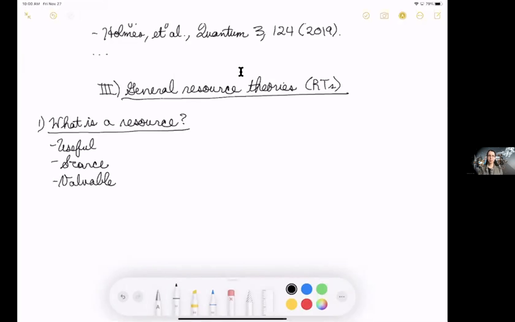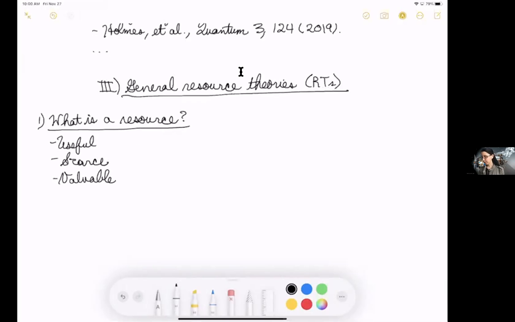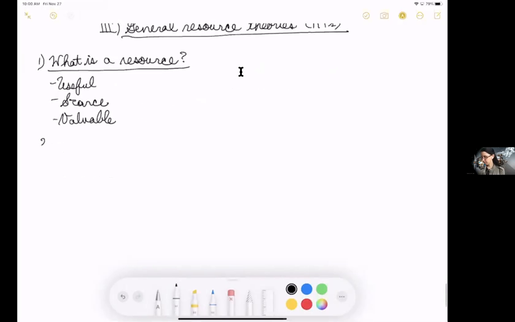Clearly, resources are prevalent in our world. They're prevalent in our way of thinking. So it makes sense to have a framework for dealing with them. We might want to quantify resources.